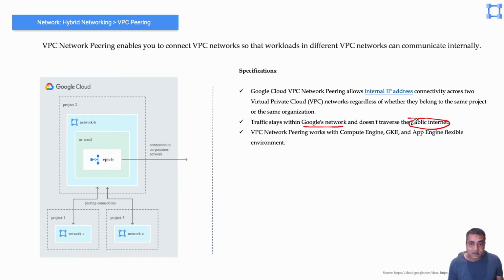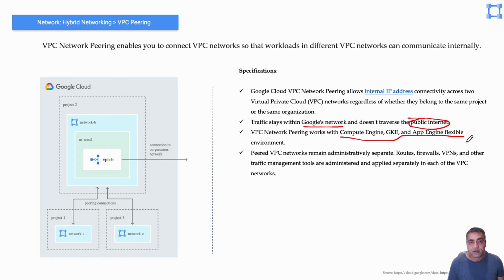Then it works with Compute Engine, GKE, and App Engine flexible environment. Peered VPC networks remain administratively separate, so routes, firewalls, VPNs, and other traffic management tools are administered and applied separately.